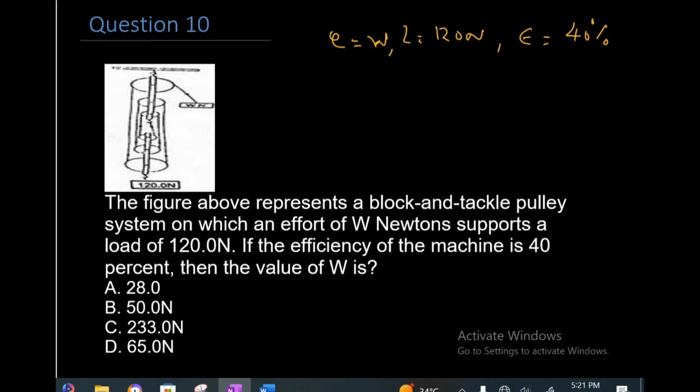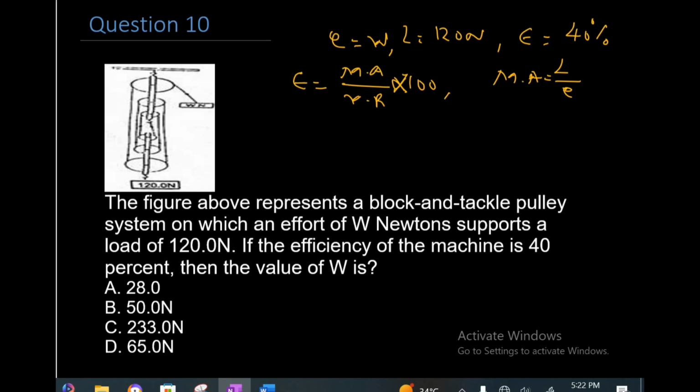If this is the case, then we are going to be using the formula for efficiency to solve this question. Efficiency is given as mechanical advantage over velocity ratio multiplied by 100. And our mechanical advantage is given as load over effort.